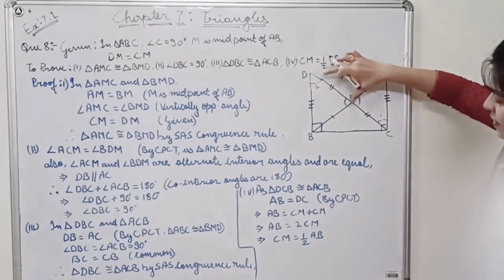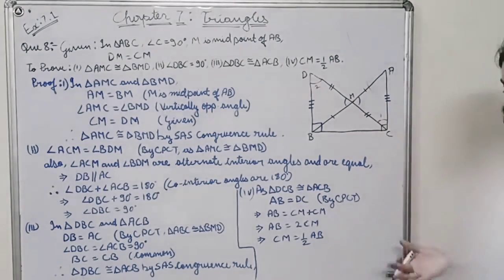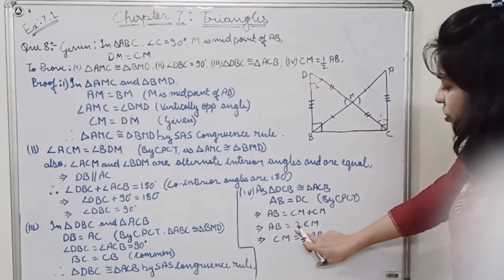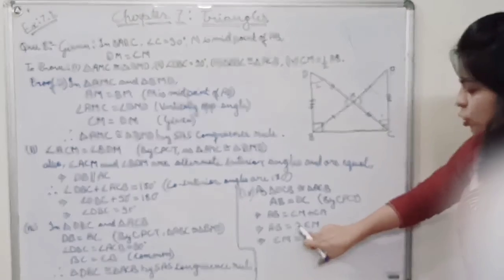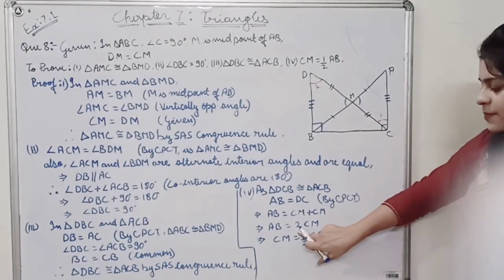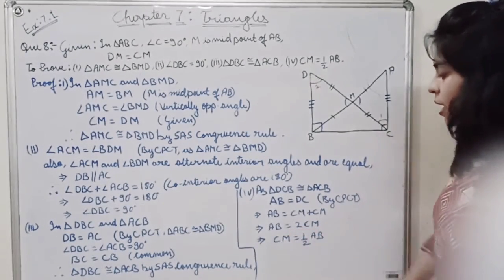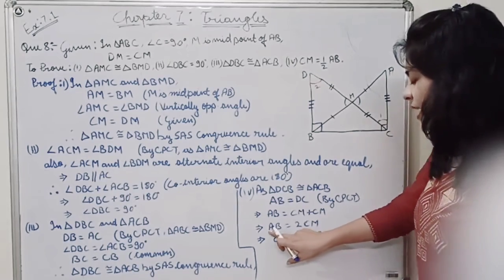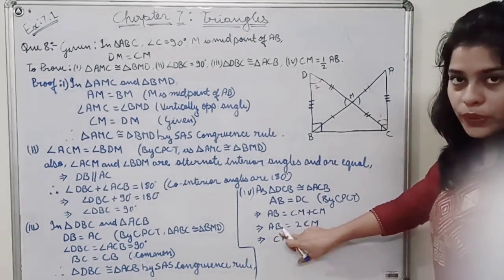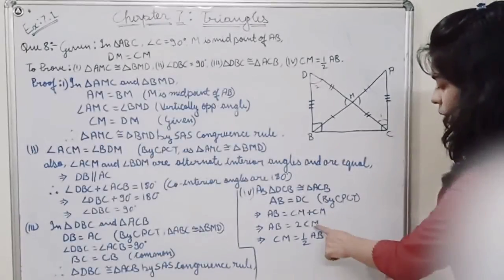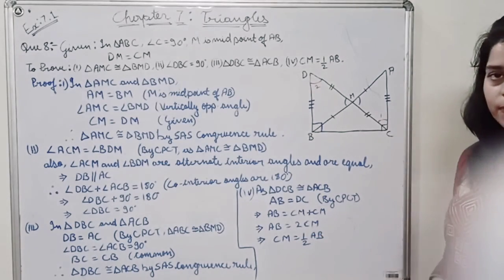If we transpose this 2, which is in multiplication with CM, to the LHS, we will get AB by 2, meaning half of AB. So CM is half of AB.